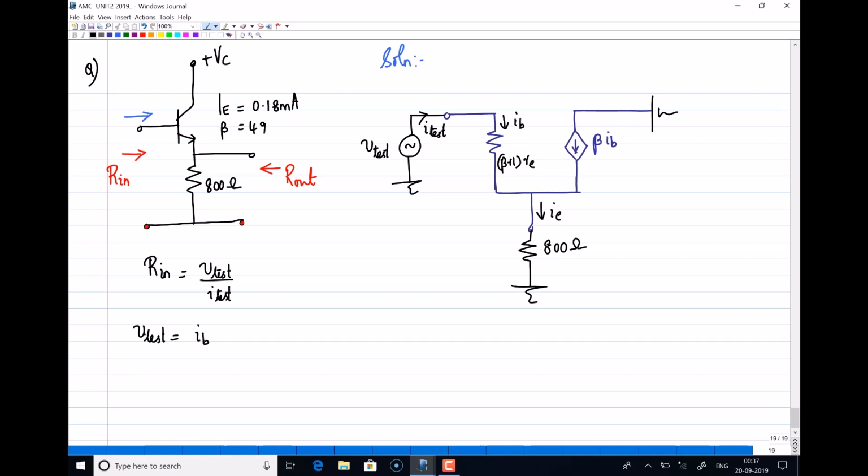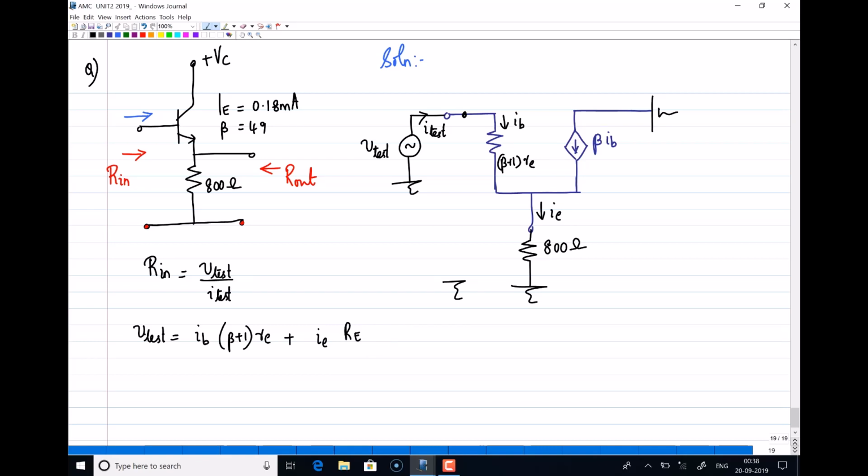V test is the voltage from this node to ground, that is the drop across beta plus 1 into Re, which is IB into beta plus 1 into Re, plus the drop across the 800 ohm resistance, where the current flowing is IE, so IE into 800 ohms. As of now I'll just mark it as a resistance Re to get an expression.